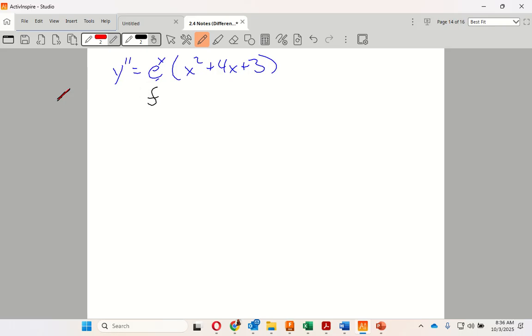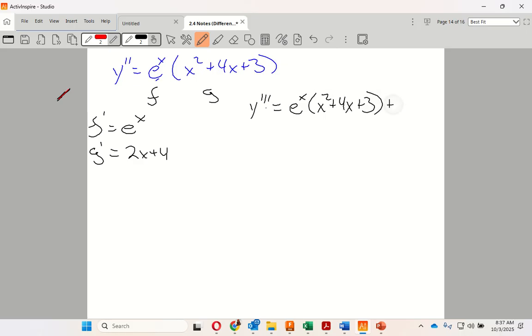All right, so again, f prime is going to be e to the x. g prime is going to be 2x plus 4. f prime g plus f g prime, so y triple prime is going to be e to the x times x squared plus 4x plus 3, plus e to the x times 2x plus 4.